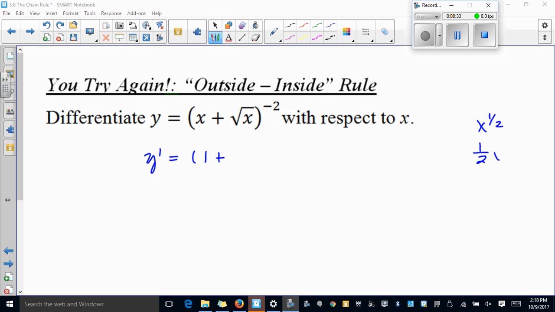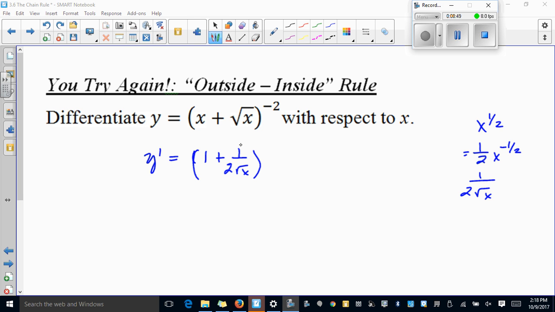So we did the derivative of the inside times the derivative of the outside. Well, the only thing we have is our power rule going on. So it's going to be times negative 2, times what's on the inside, x plus square root of x. Just don't forget to leave them there.